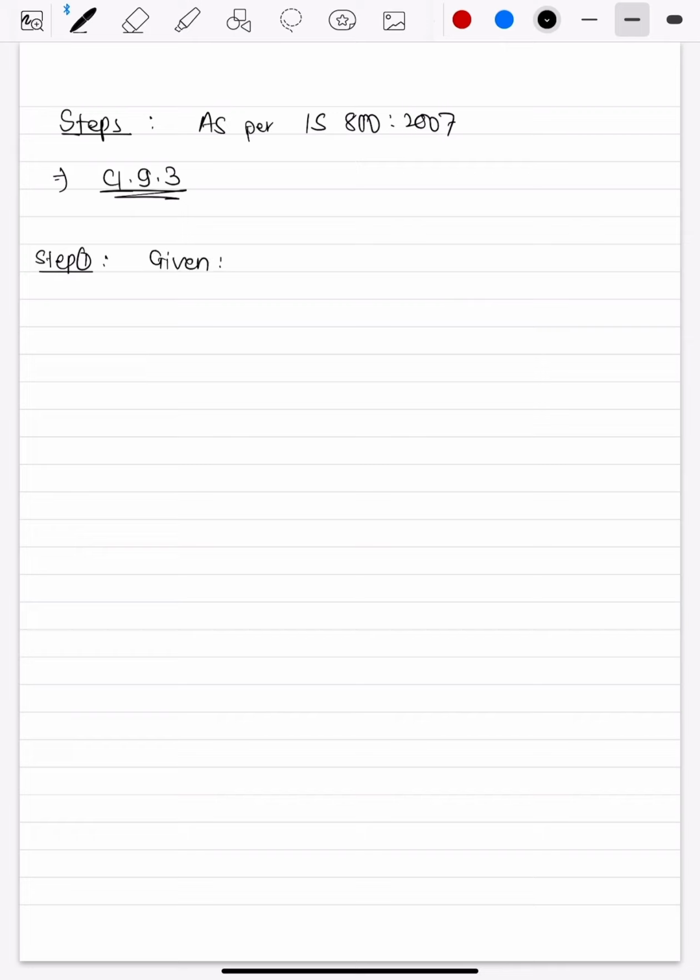In this video we'll be looking only at the steps, and the next video will look at one design problem. You will be given a P, that is your applied axial load in kilonewton. Let us say this is the working load, and then you will be given the bending moment, in kilonewton meter. Let's say these are the working load and bending moment.